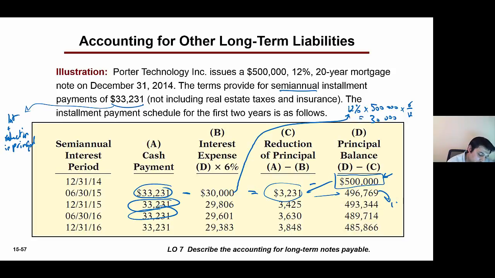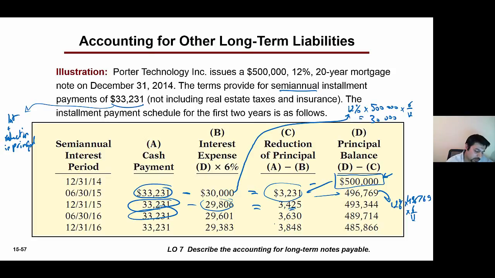It will be 12% multiplied by 496,769 multiplied by 6/12, and that would be 29,806. Again, the cash payment, this is the installment, minus the interest expense will be the new reduction in principal.